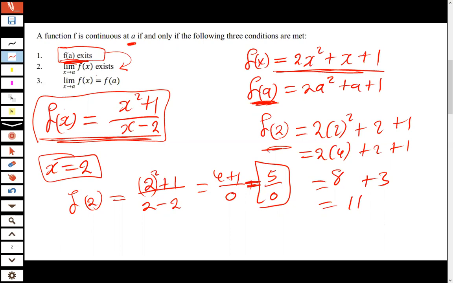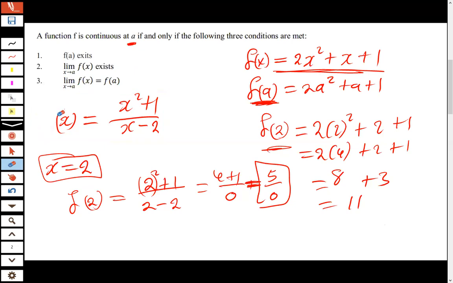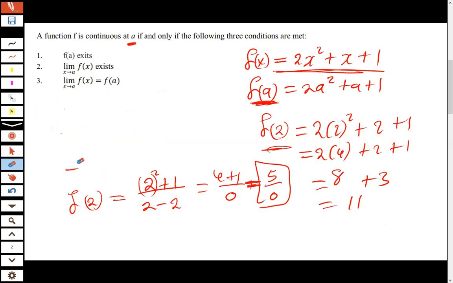If you discover that the limit of f of x when x is approaching the same A does not exist, it means that the function is not continuous. But if you find that it exists, then you have to proceed to the third step.